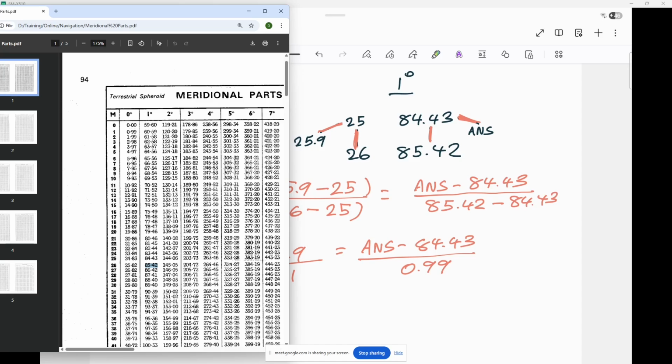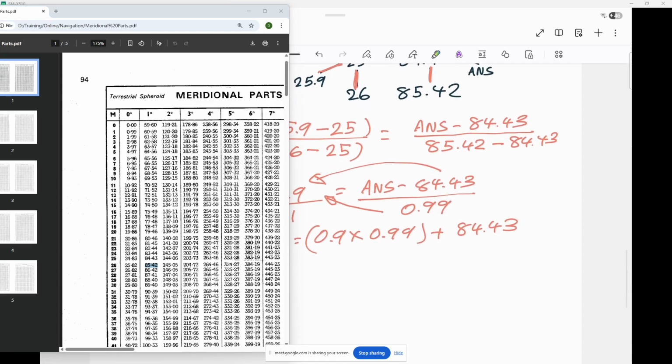It's very simple. This 0.9 will go to this side. When you divide it by 1, nothing is happening, it's basically the same value. So 0.99, and this part will go here as plus 84.43.